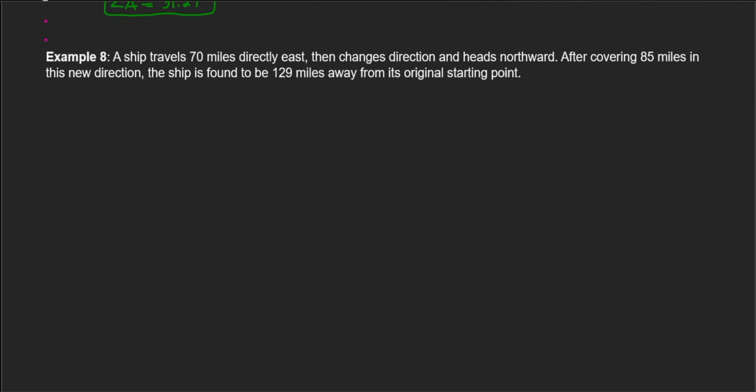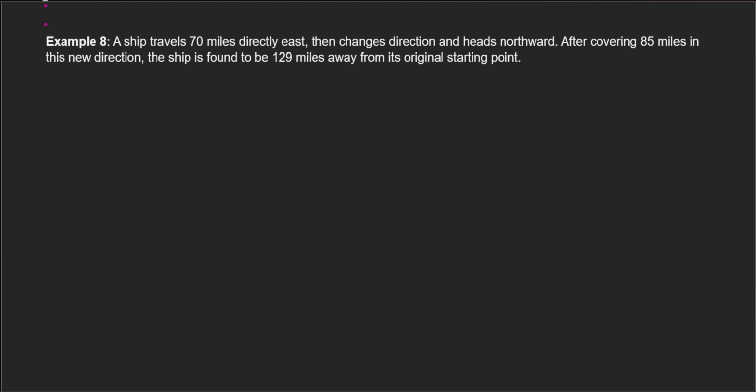Alright? Now, let's proceed to the last problem. So, for example, this one. So, a ship travels 70 miles directly east, then changes direction and heads northward. After covering 85 miles in these new directions, the ship is found to be 129 miles away from its original starting point. Okay? Ano ibig sabihin yan? So, a ship traveled 70 miles east.